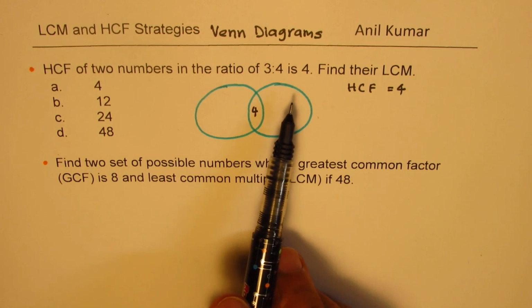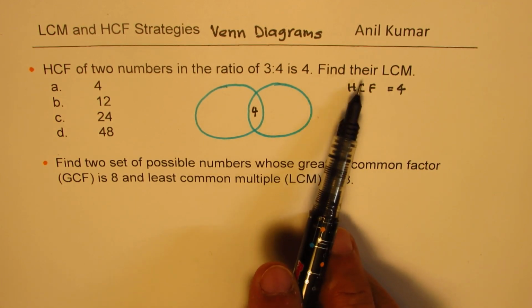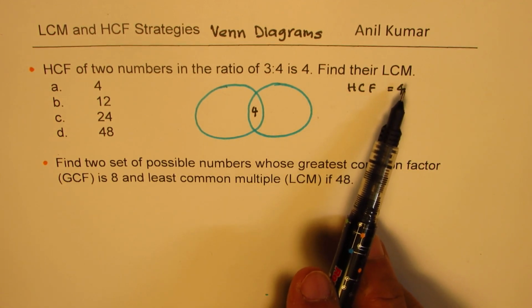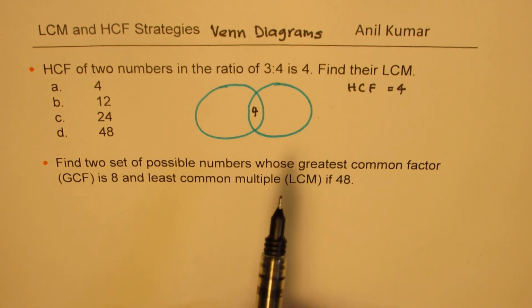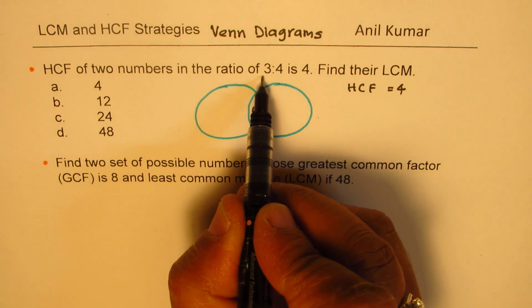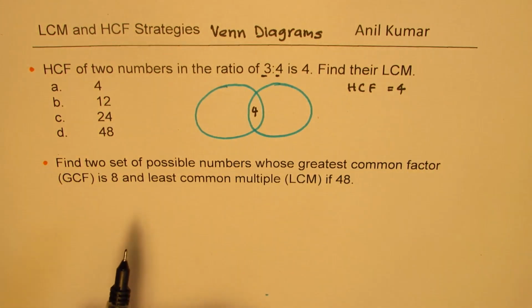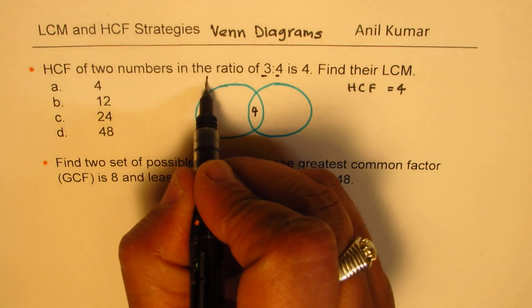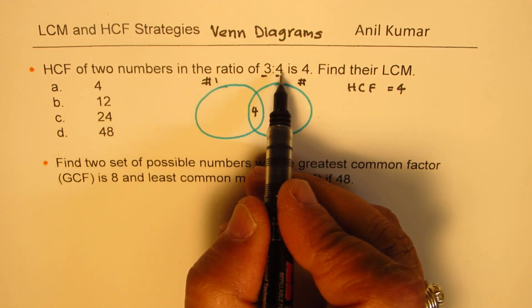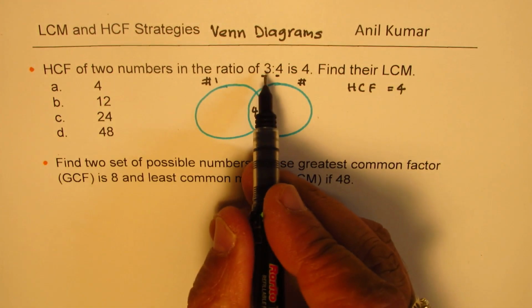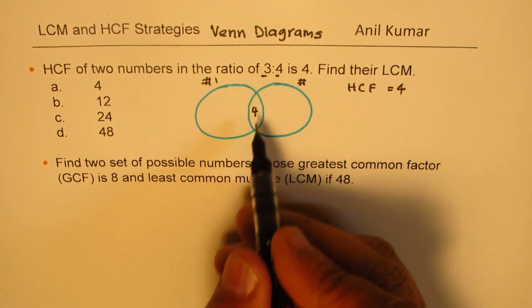Now it also says to find their LCM, right? Now, how do we find the lowest common multiple? Since they are in the ratio of 3:4 and 4 is common, the first number could be, well, since they are in the ratio of 3:4, 3 times a number and 4 times a number.